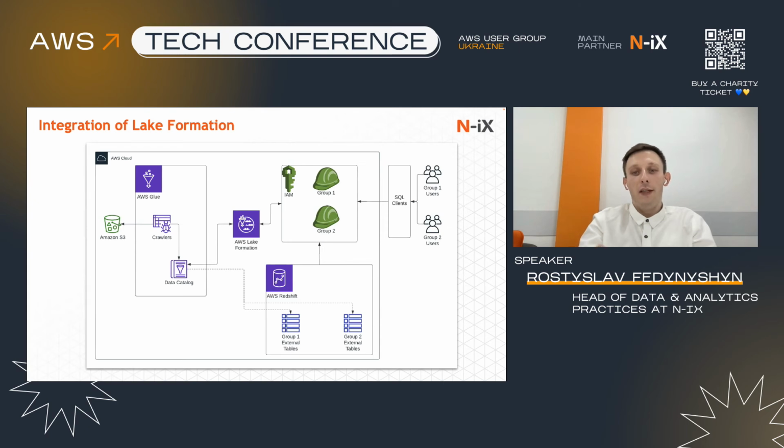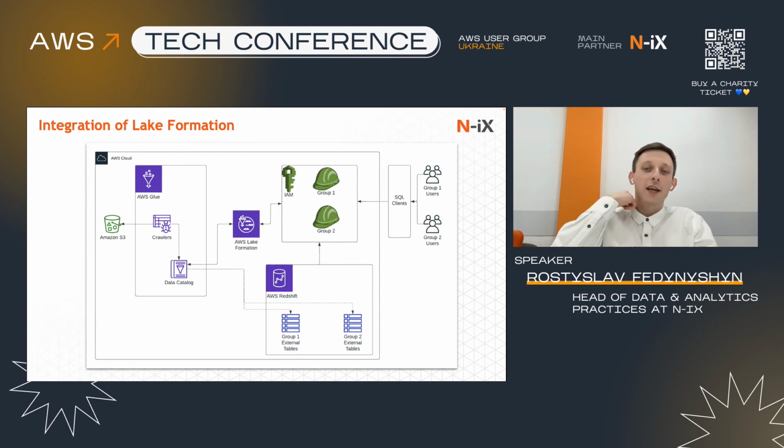First of all, we need to store data in S3. After that, crawl metadata using AWS Glue Data Catalog and AWS Glue crawlers. After that, we register the S3 bucket as a data lake location inside Lake Formation. After that, we use Lake Formation to grant permissions using IAM roles.